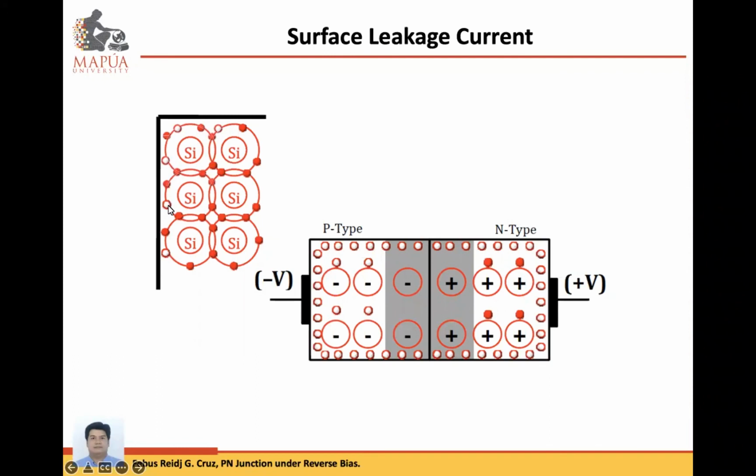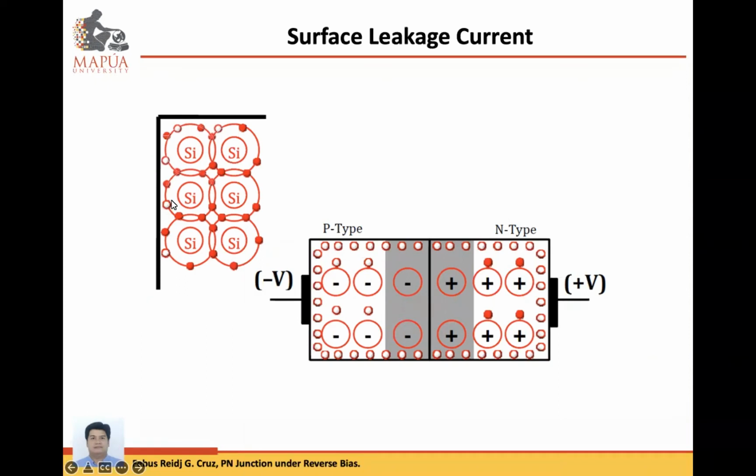Along this surface, the silicon atom was able to covalently bond with 3 neighboring silicon atoms. The 4th neighboring atom is missing. Kasi yun na yung limit ng material, no? So that means we will have a vacant space.